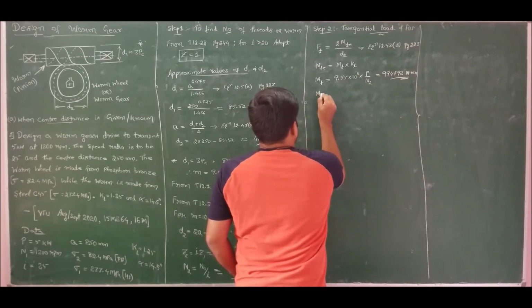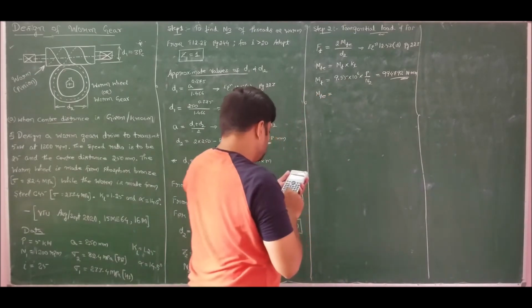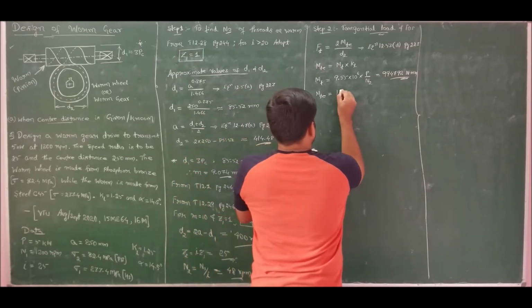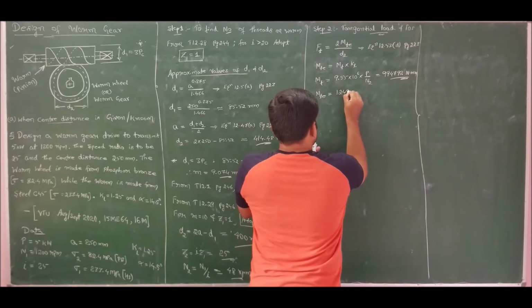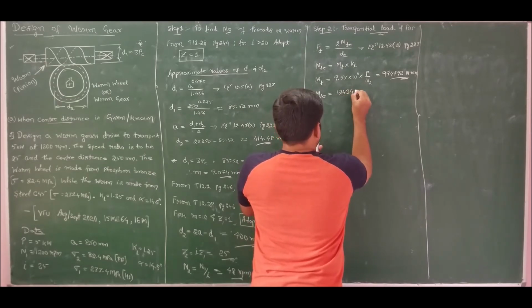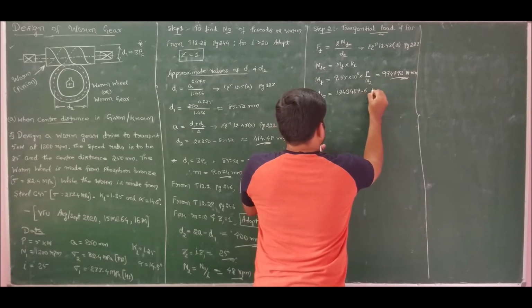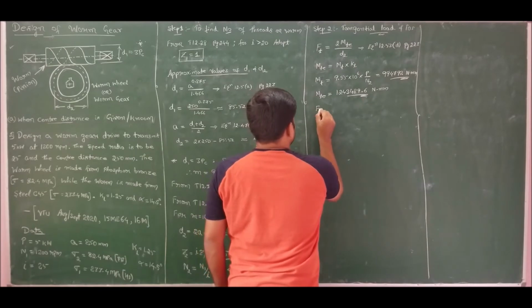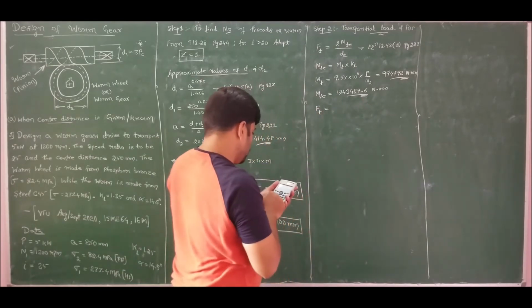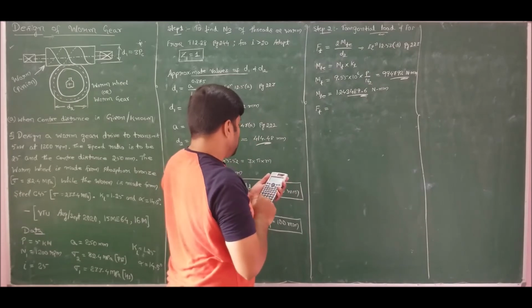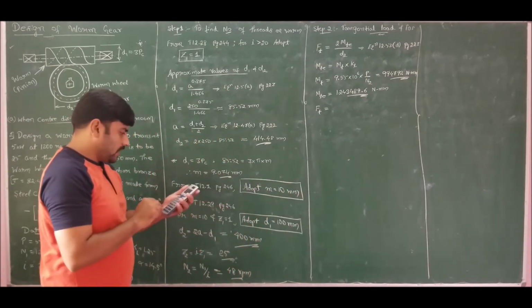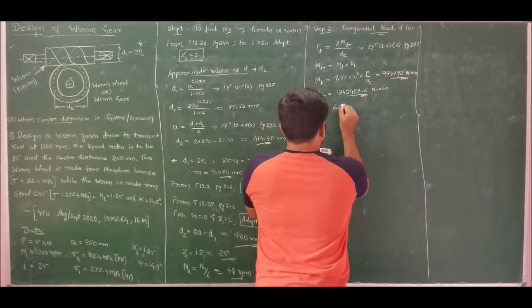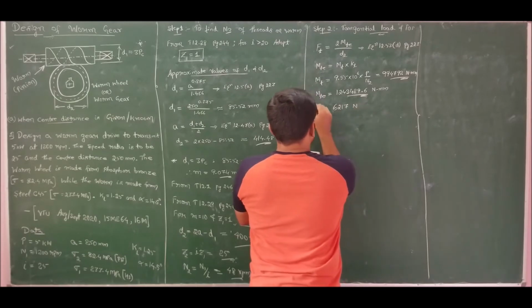So the equivalent torque is 1.25 times this answer, which is 1243489.6 Newton millimeters. So the tangential load for this problem is 2 times this answer divided by D2. D2 is 400 mm. Hence, the tangential load is 6217 newtons.